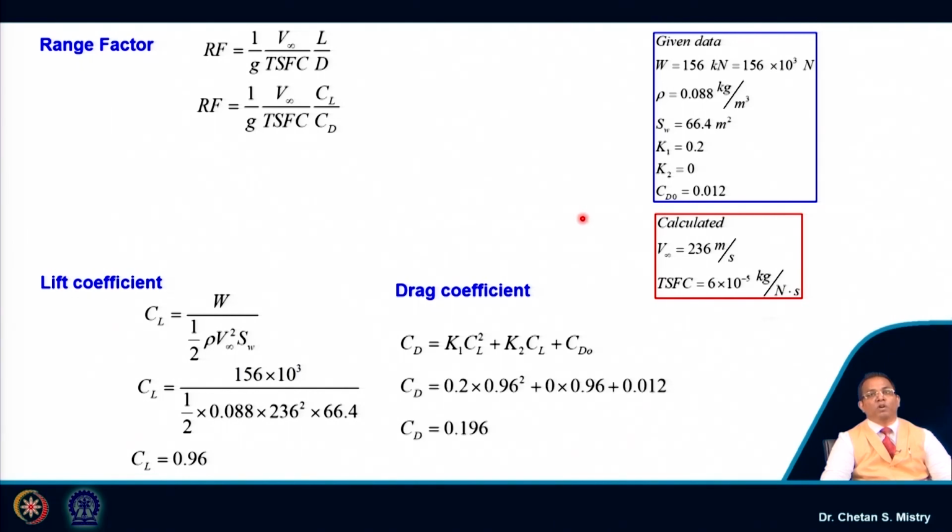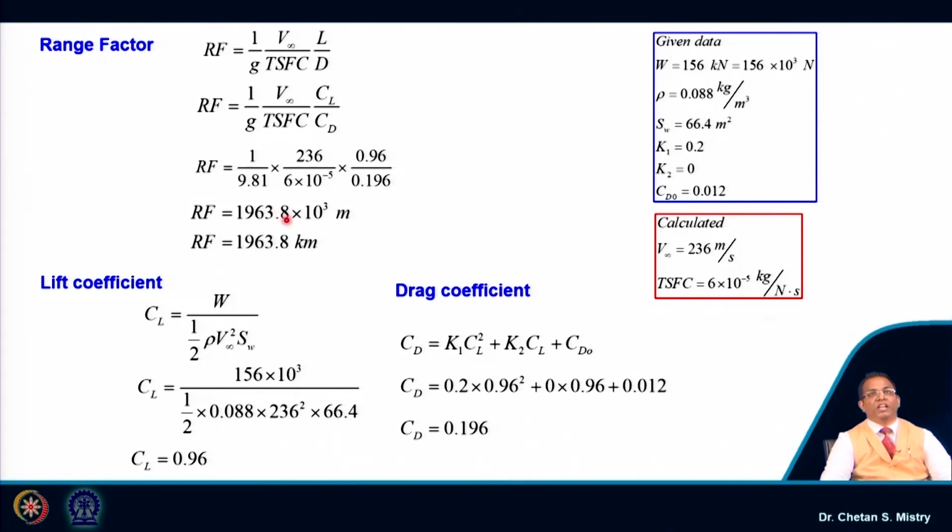Let me put all these numbers in, and my CD comes to 0.196. Now, since we know our CL and CD, put them in this equation and it gives me my range factor, which comes to 1963.8 kilometer.